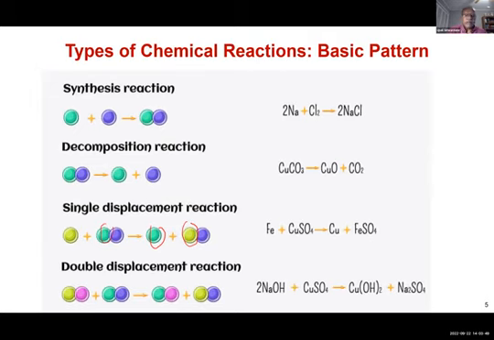But the double displacement or exchange reaction, this is called an exchange reaction also. This goes with this, and these two go with those.